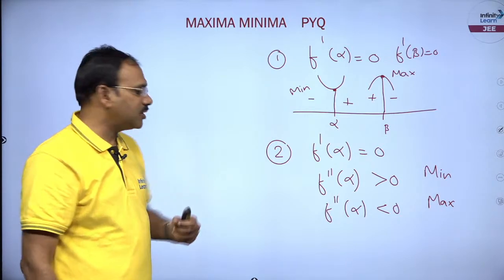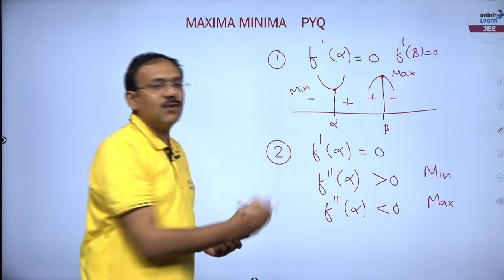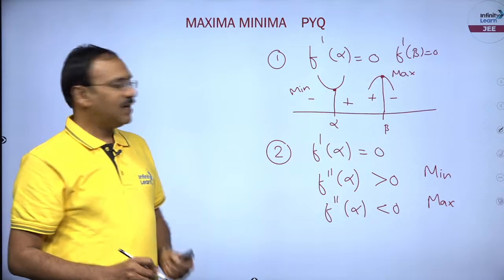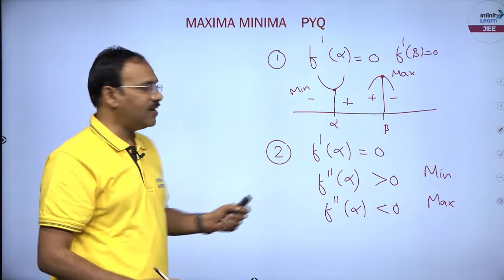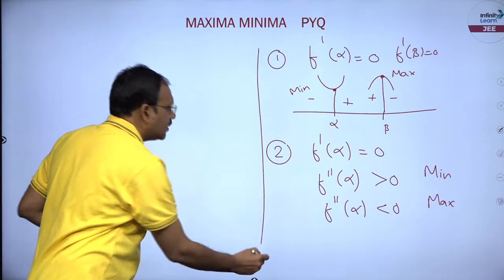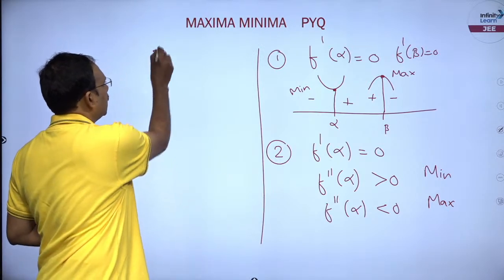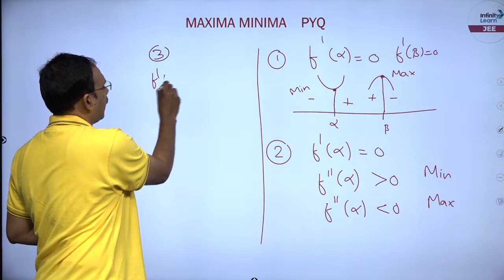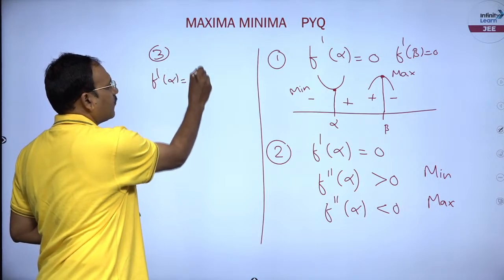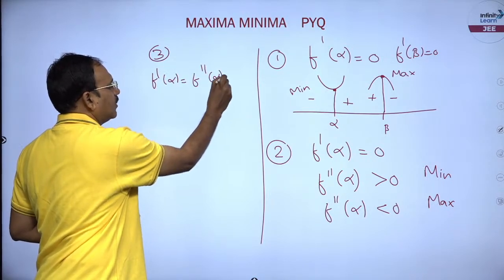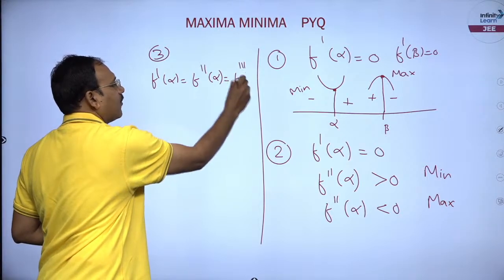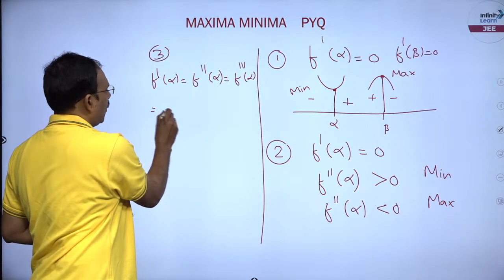Now, you may question, what if the second derivative is also 0? In that case, the second derivative test fails, then we can go to the nth derivative test. For example, for a function, you see f dash of alpha, similarly f double dash of alpha, similarly f triple dash of alpha, and so on.